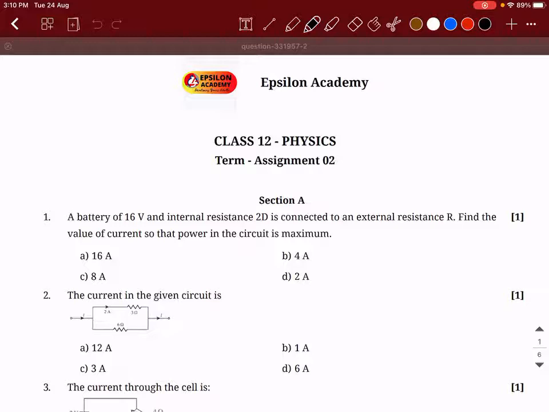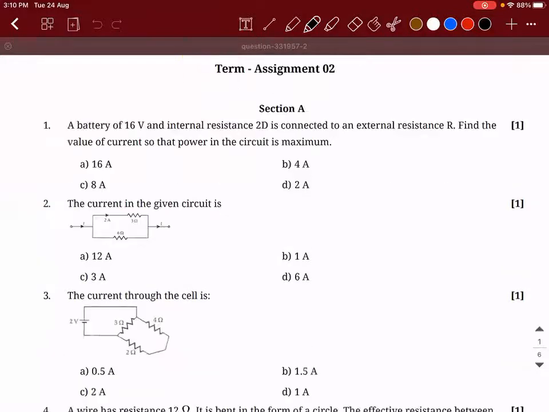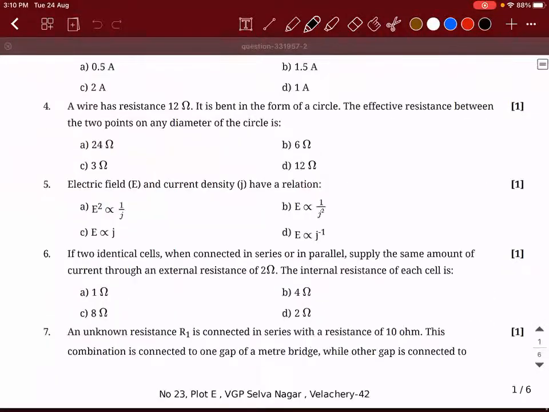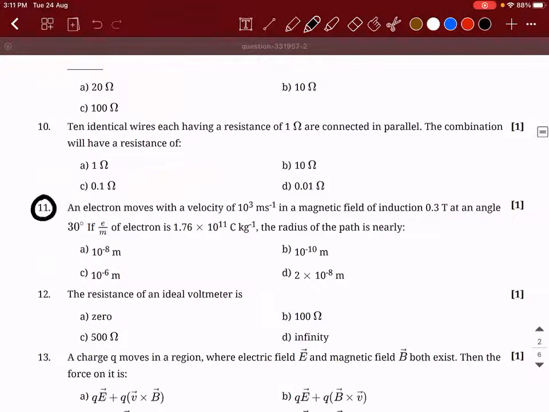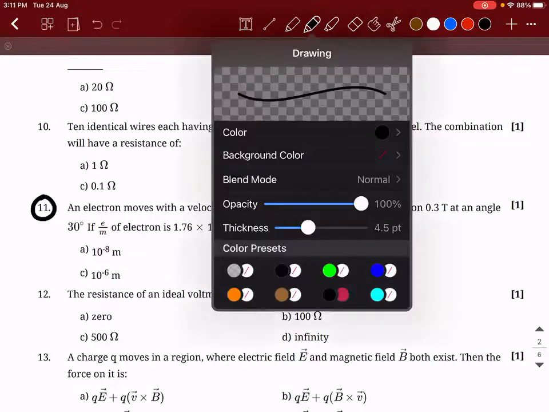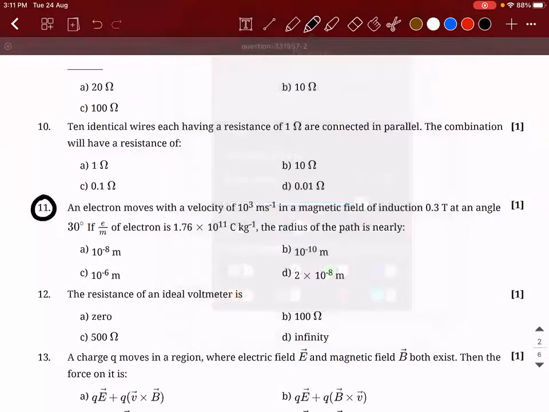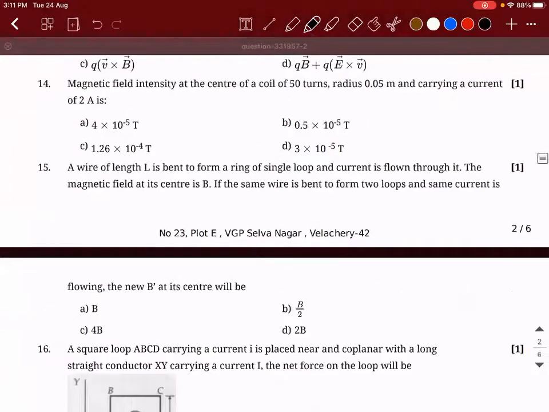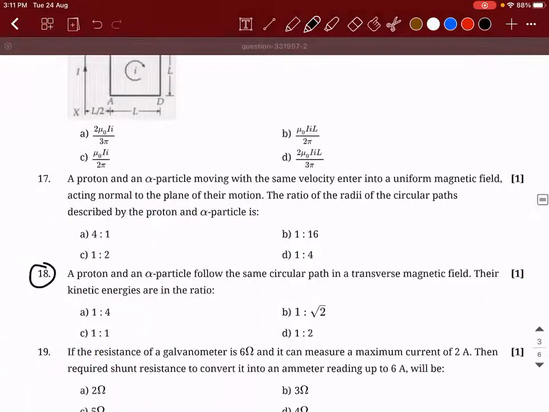Question 11, sir. Question number 11, and 16, and 18, and 20, sir. Tell me, 11, 16, 18 and 20. That's it, right?